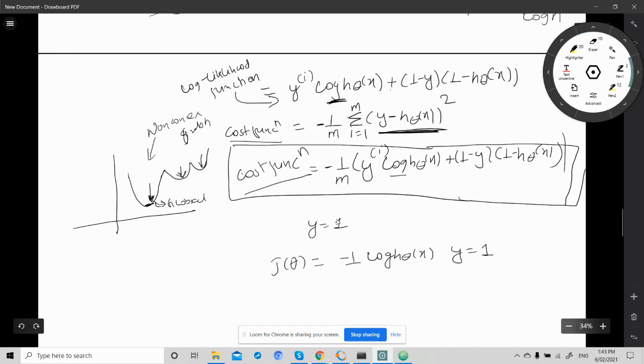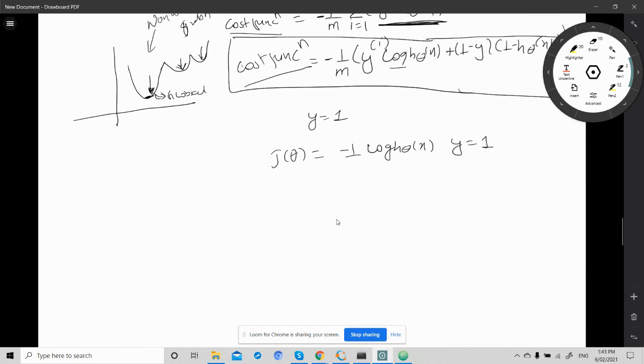So if we plot this graph for y equals 1, we will get something like this.